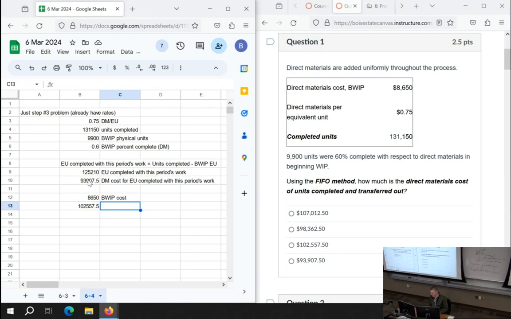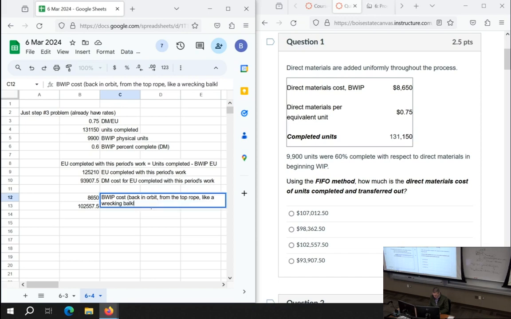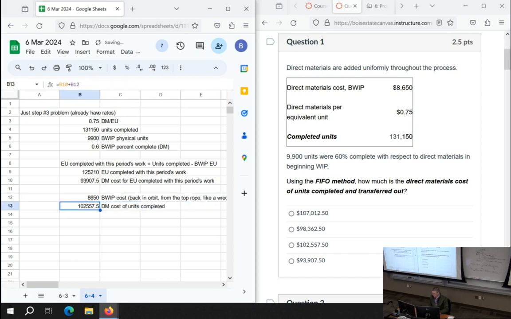All right, so this now is our DM cost of units completed. There you go. So that's the right answer right there.